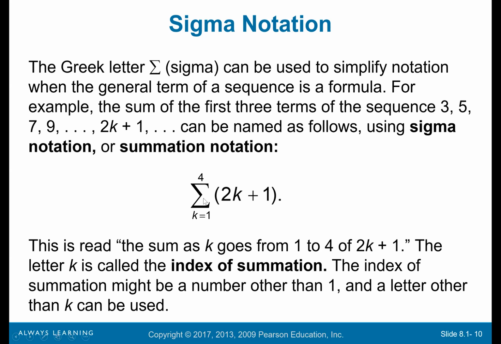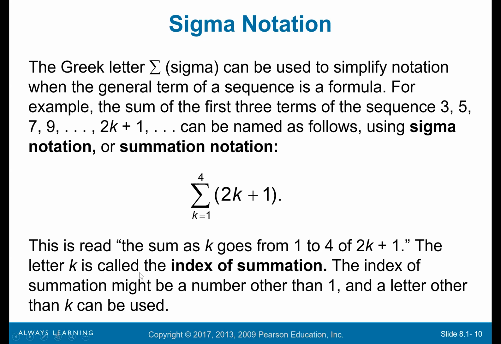So the sum for K equals 1 to 4 just means that we're going to be plugging in 1 for K, and then 2 for K, and then 3 for K, and then 4 for K. I'm going to stop at 4 because that's our top number. Then the sigma means sum, and we'll be adding those up. So you would read this as the sum as K goes from 1 to 4 of 2K plus 1.